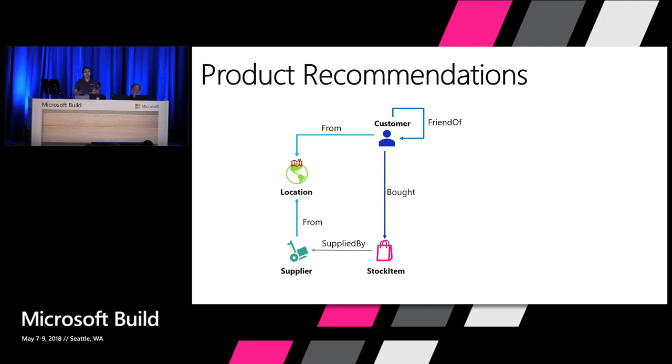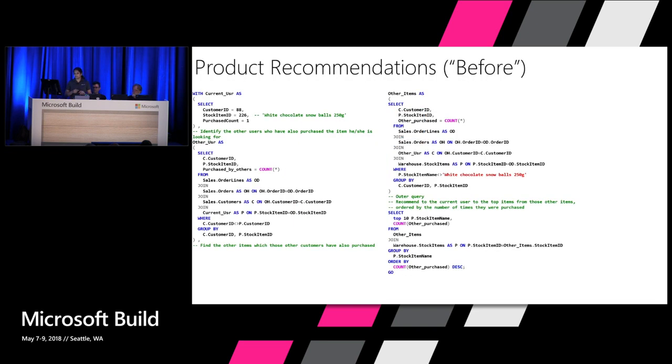So if I want to build a recommendation engine like that, using this simple schema, using a relational approach, the query will look something like this. I have my current user who is buying the product and their customer ID and the stock item that they are buying. From there, I find out other users who have bought the same stock item that this current customer is buying.